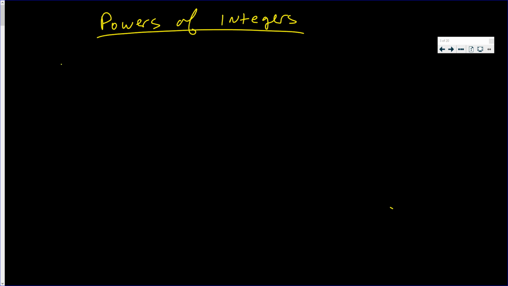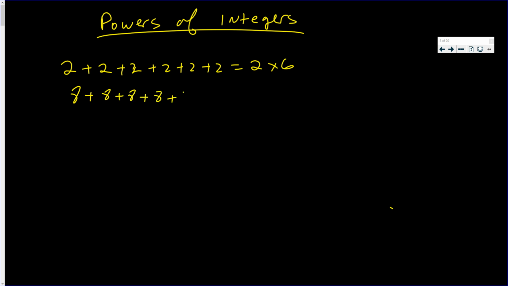Now, recall if you had 2 plus 2 plus 2 plus 2 plus 2 plus 2, we would simplify that by writing 2 times 6. And if you had 8 plus 8 plus 8, 7 times, this would be simplified as 8 times 7.